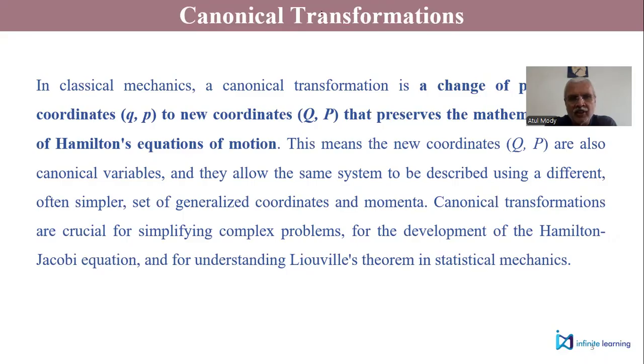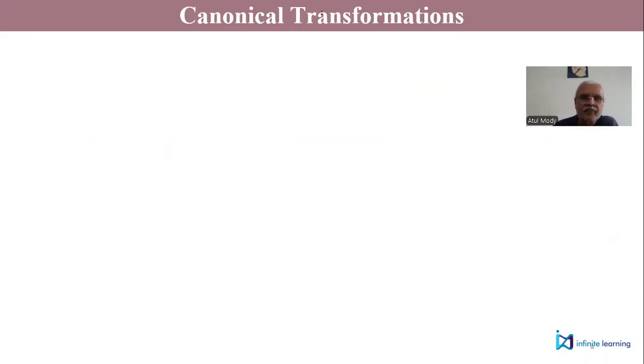You're familiar with Hamilton's equations of motion, right? Which means the new coordinates and new momenta are also canonical variables, and they allow you to understand the problem as it is. But many times this transformation leads you to the solution directly.